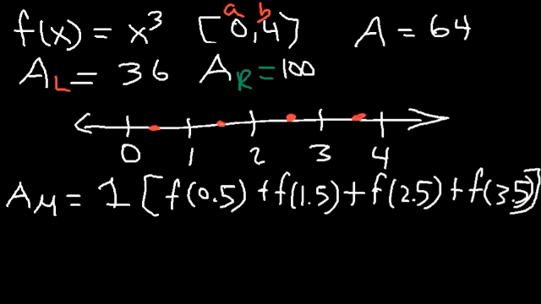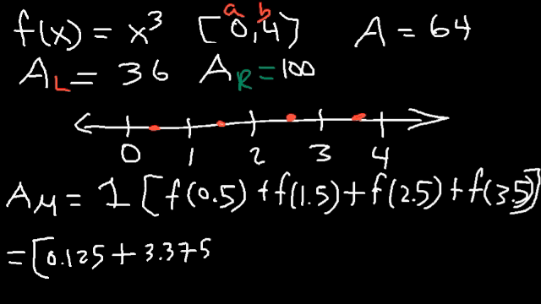So 0.5 raised to the third power is 1 over 8, or simply 0.125. 1.5 to the third power is 3.375. 2.5 to the third power is 15.625.